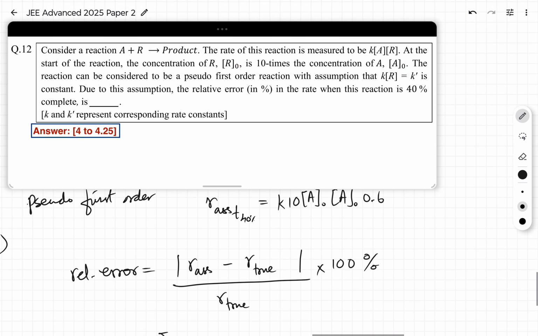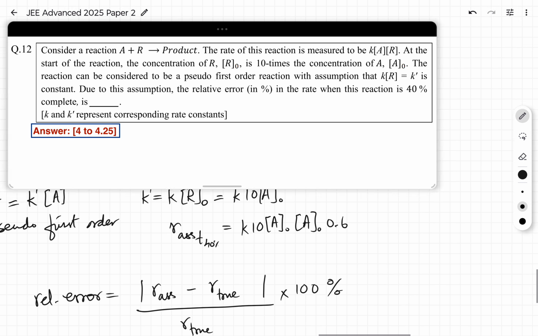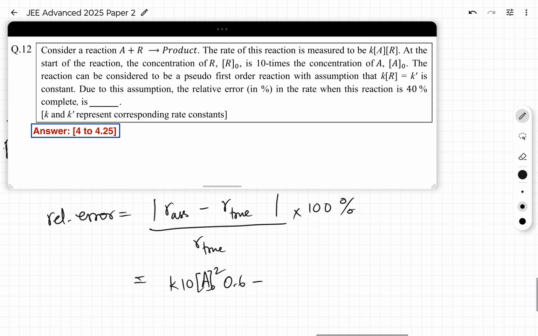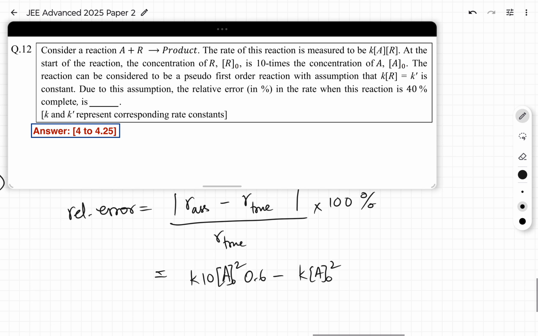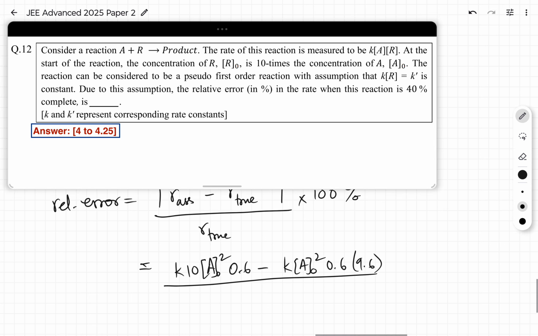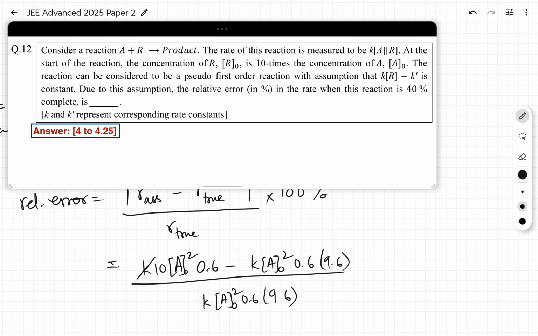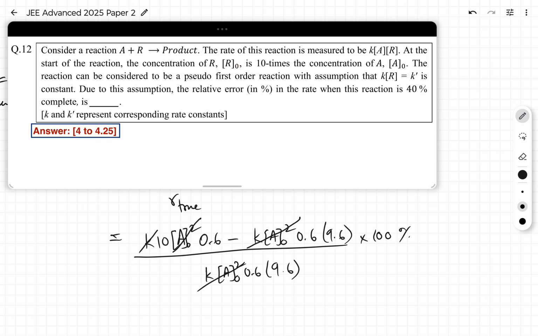So this is the assumed rate, K 10 A naught squared 0.6, minus the true rate, which is this, K A naught squared 0.6 9.6, divided by the true rate, which is the same as K A naught squared 0.6 9.6, times 100%.